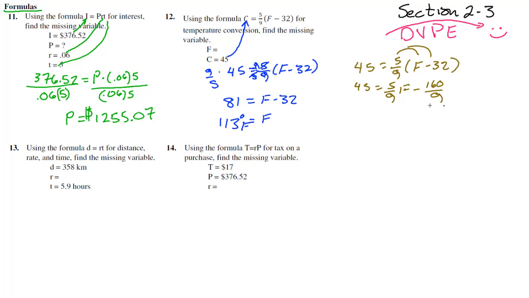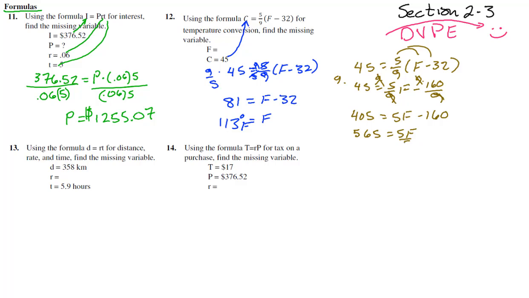Good. Now do we have fractions? Yes. So times everything by 9, times by 9, times by 9. And here we get 405, right? Is that 9 times 45? Yeah. Then those 9s cancel, and we get 5F minus 160. So we add 160 over here, and we get 565 equals 5F.